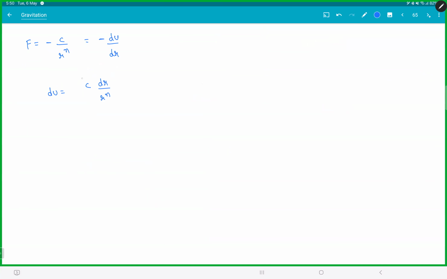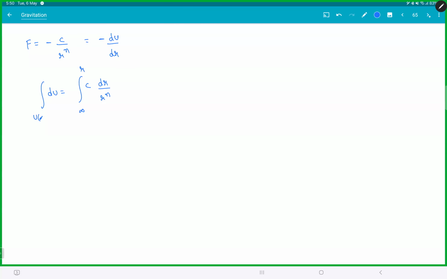Now, the limits will go from r to infinity, or infinity to r. Why infinity? Because remember, we take infinity as a reference. At infinity, the potential energy is 0. So this will be U of infinity to U of r.